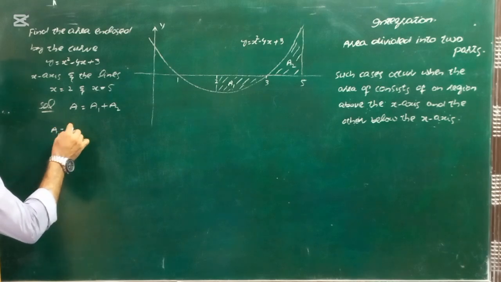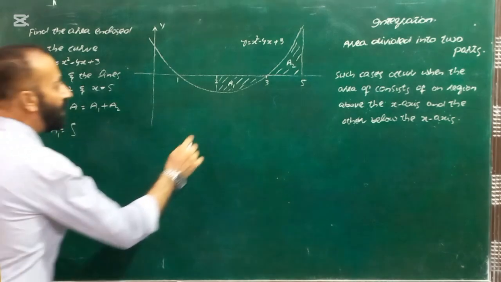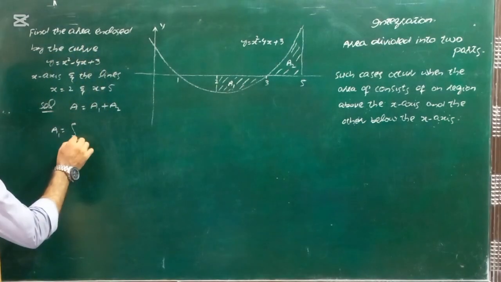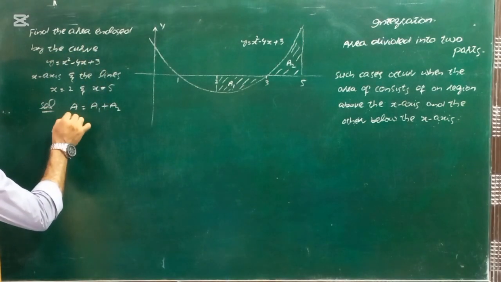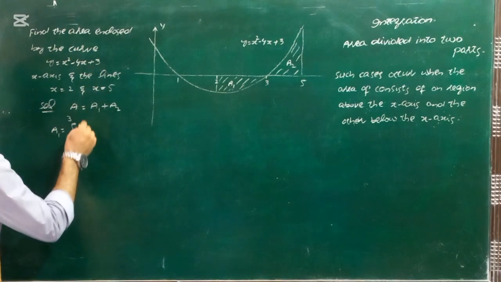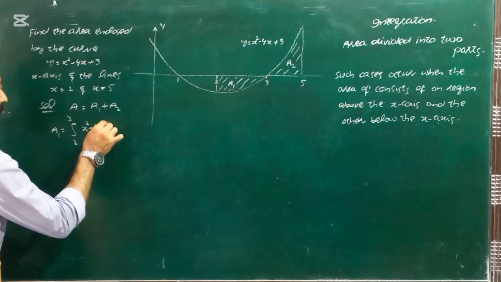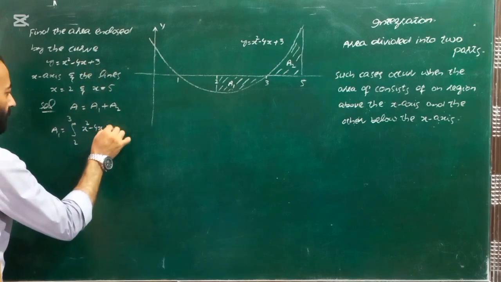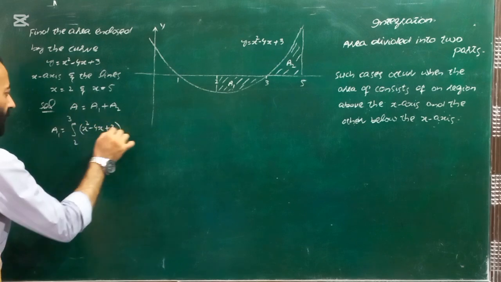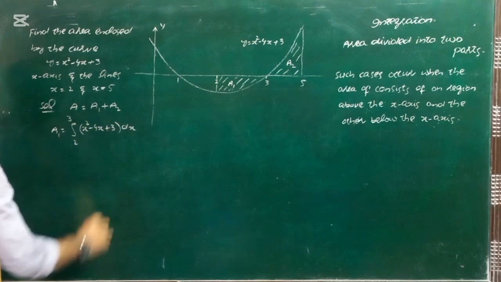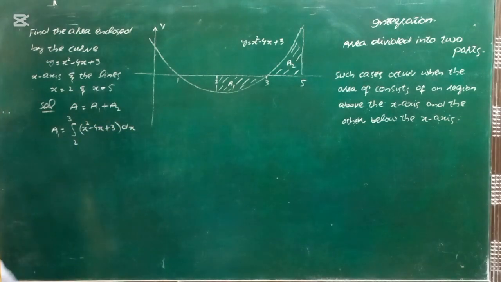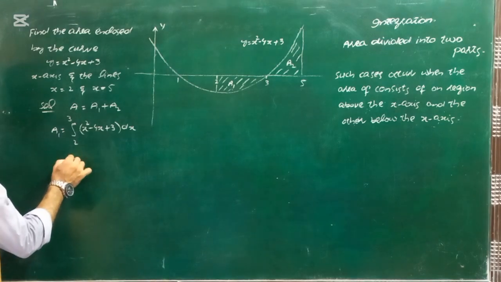Look now, first the A1. A1 will be equal to the integral, limit from 2 to 3, of the function x square minus 4x plus 3 dx. Okay, now we are going to integrate it.